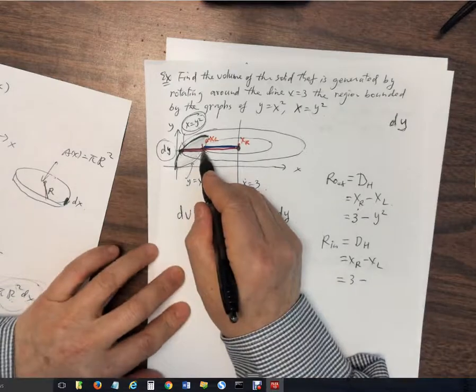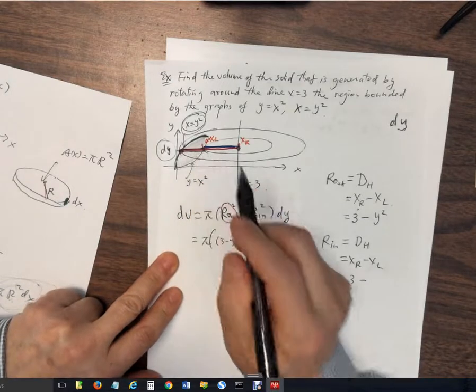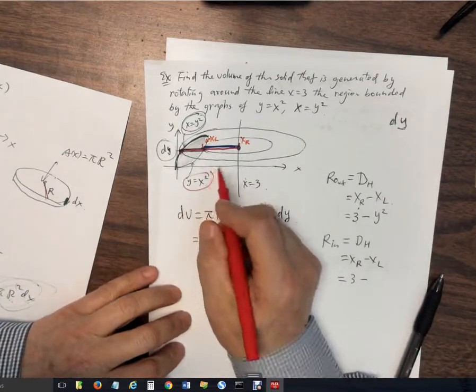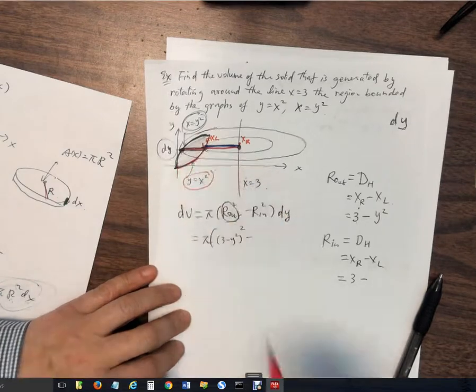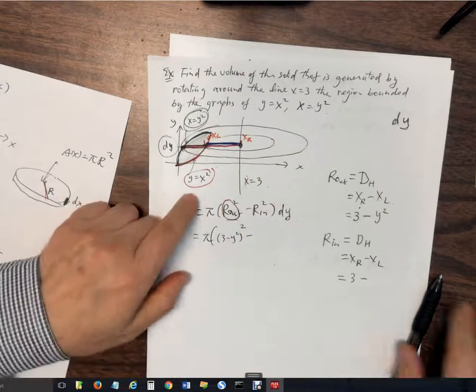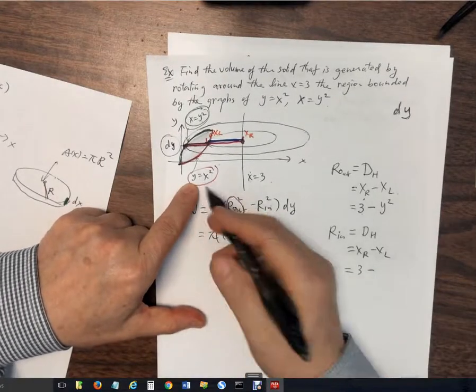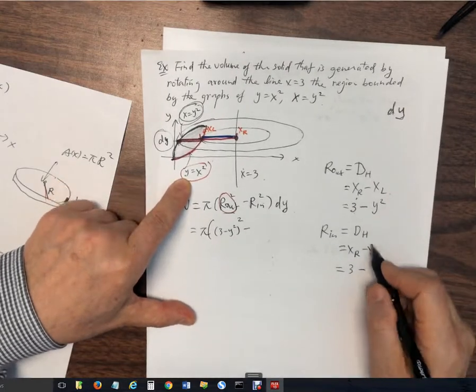Left end this time. Left end, the point is on the graph of y equal to x squared. That represents this graph. All right, that's the right equation. But that's not the right form. We cannot just say, oh yeah, y equal to x squared, let's plug in x squared. That'd be wrong. Look at it here.